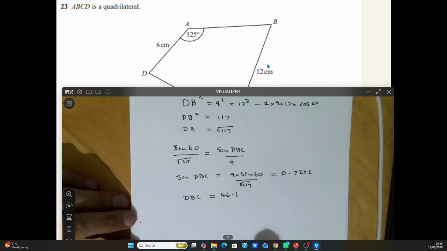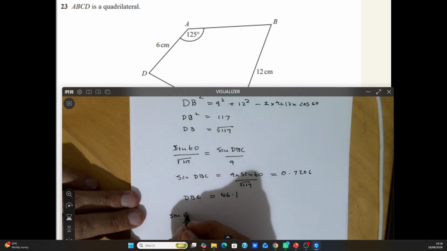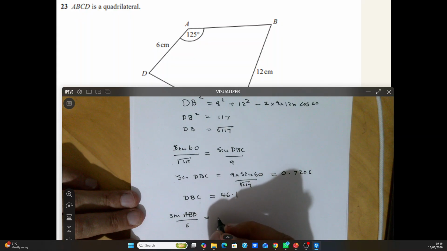Now I can work out the angle ABD using the sine rule as well. So I know sine ABD over 6 must equal sine 125 over the square root of 117.